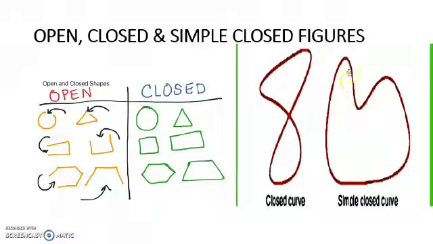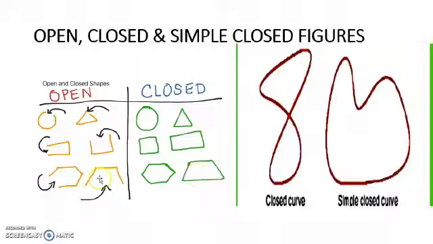Whereas when we make a figure which does not overlap, it just continues, does not overlap or intersect, it is a simple closed figure or simple closed curve. Just like this. This is a simple closed curve. It is not intersecting or overlapping at any point.